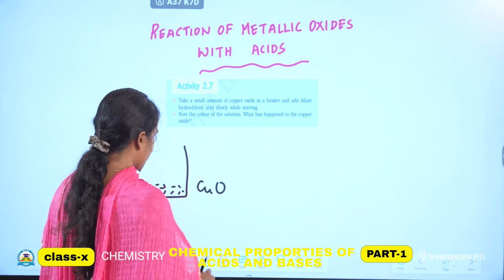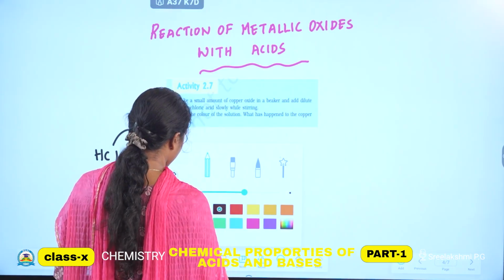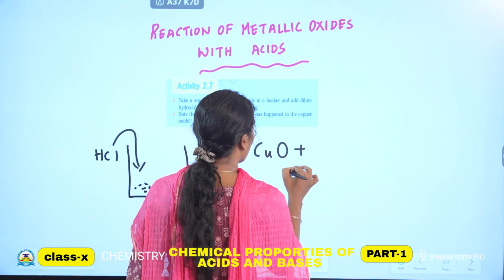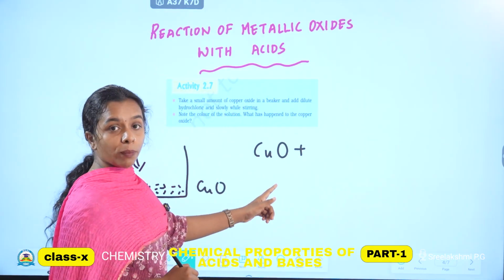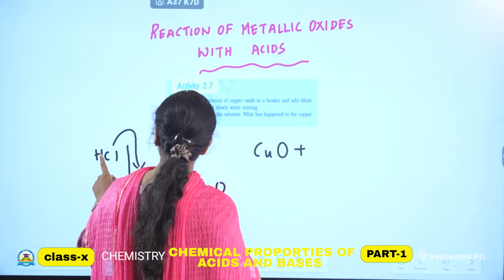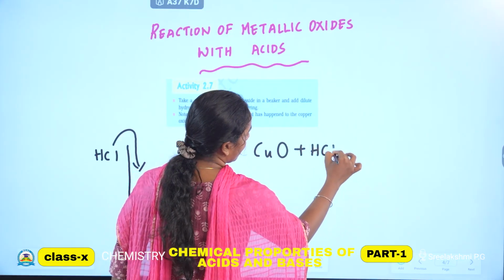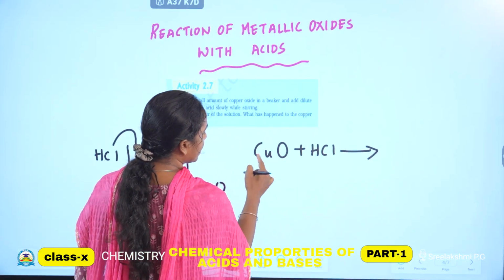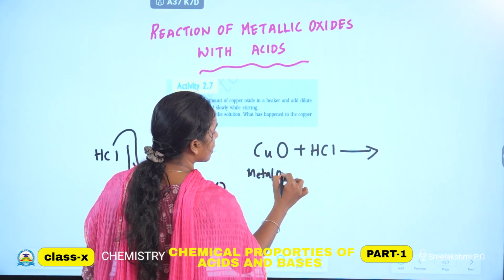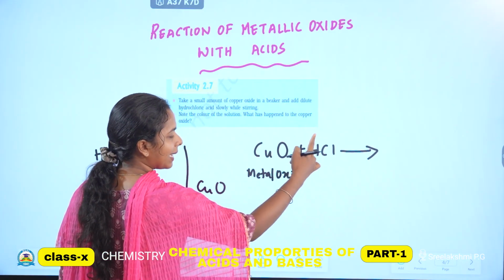Let's see. Okay, so here we are going to consider the equation, that is copper oxide, CuO. CuO means copper oxide, and this copper oxide is reacting with HCl. Copper is a metal and oxygen we write as oxide. So a metal oxide is reacting with an acid.